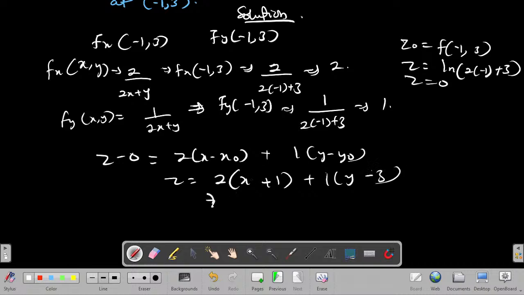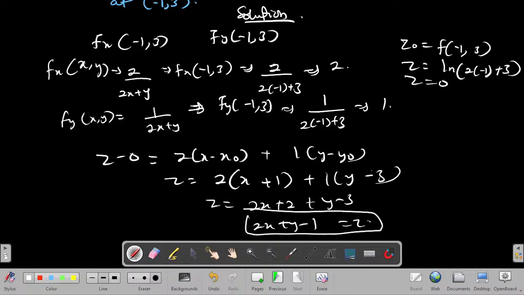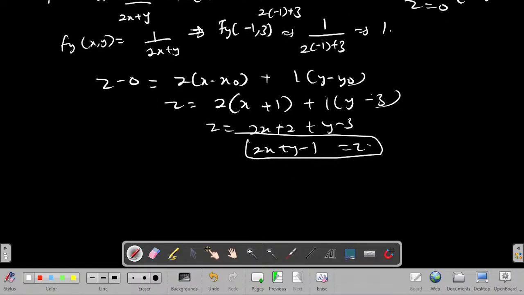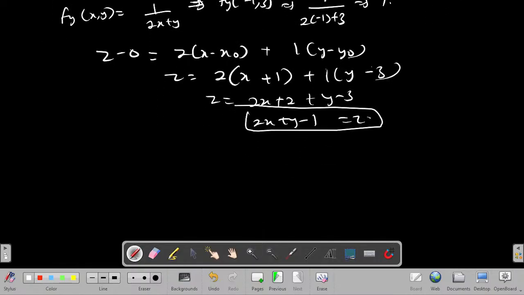So you get z is equal to 2x plus 2 plus y minus 3. This is z equal to 2x plus y minus 1. And this is the equation of the plane, which is tangent to the curve at that point. As simple as that. It's so simple that you only have to find your gradient function at that point. Then you do the necessary.